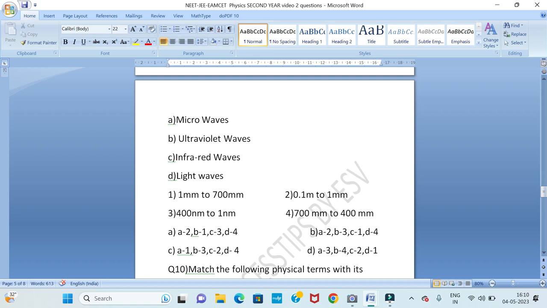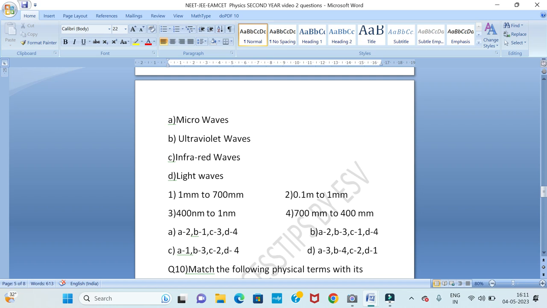Next light waves, D4, 700 mm to 400 mm. So see, infrared ends with 700. Light waves start with 700 to 400. Like that you can remember. Infrared, light waves. Light will be white color, some lights in red color.